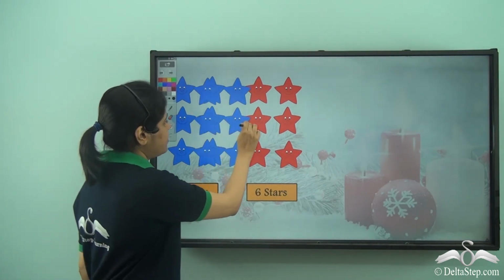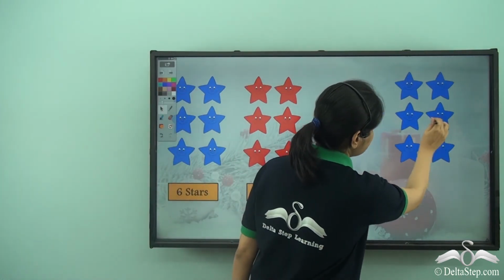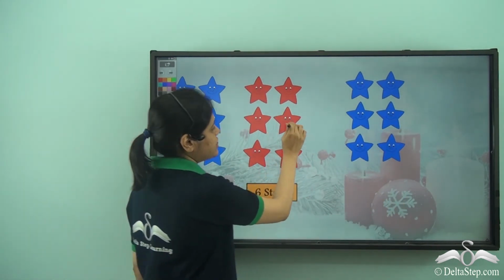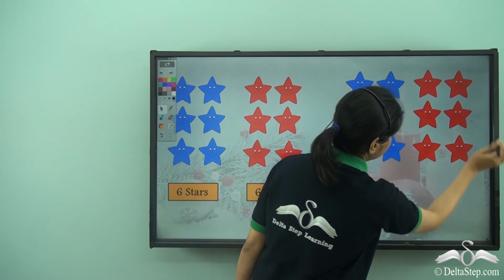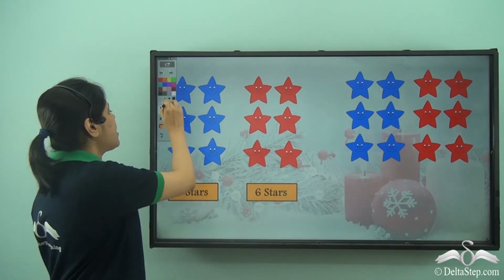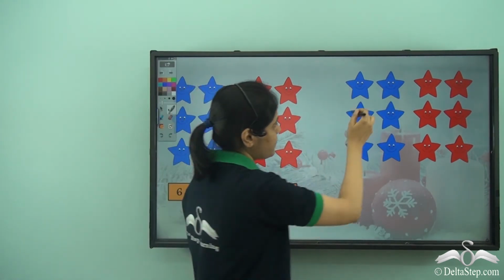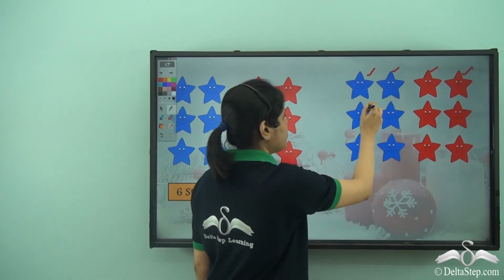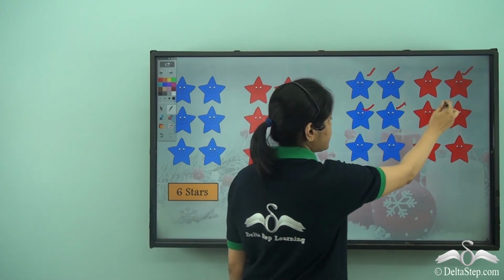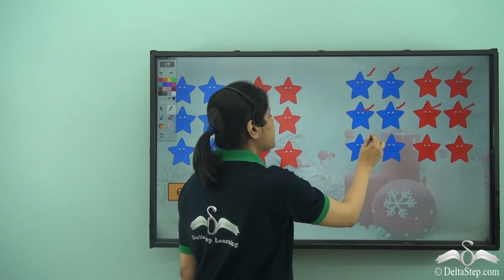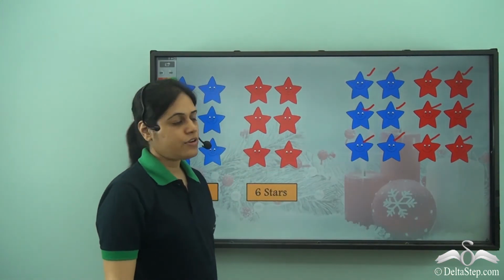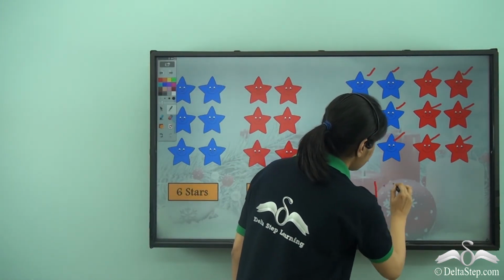So let's take these 6 stars to this side, and then the 6 red stars to this side, and then let's count them. 1, 2, 3, 4, 5, 6, 7, 8, 9, 10, 11, 12. So there are 12 stars now.